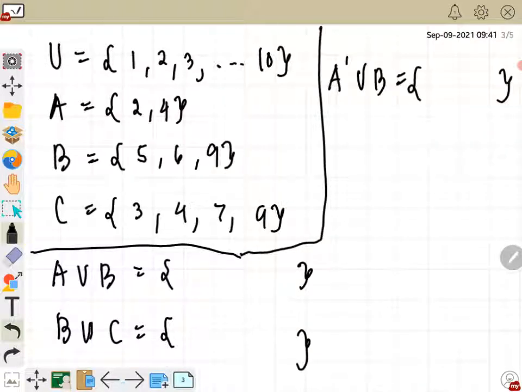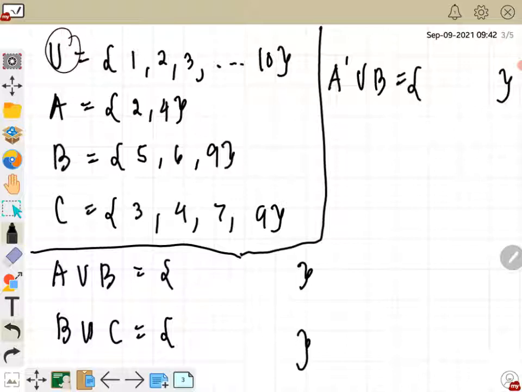So next we have some problems here. Our universal set, recalling again that universal set is the set that contains all other sets under discussion. So we have here natural numbers from 1 to 10. Then A, the elements are 2 and 4, B is 5, 6, 9, C is 2, 3, 4, 7, 9.